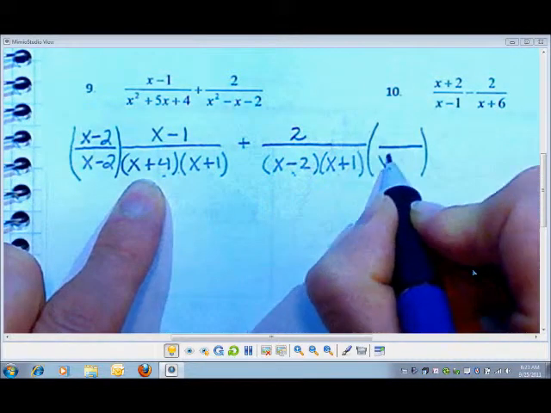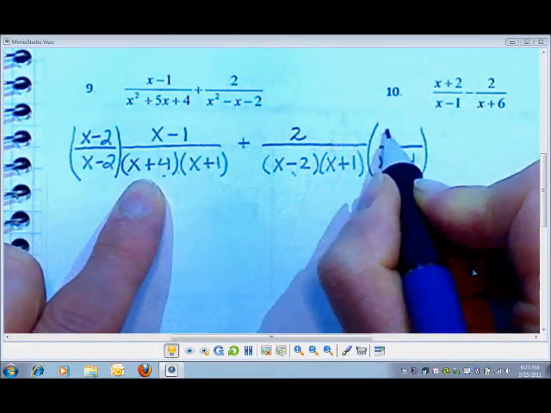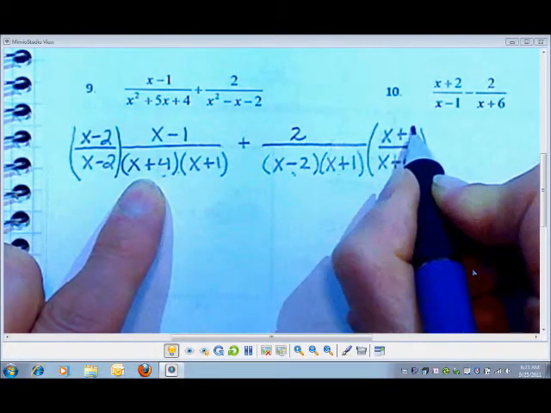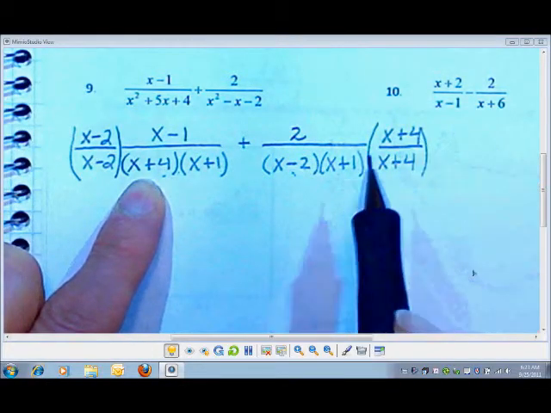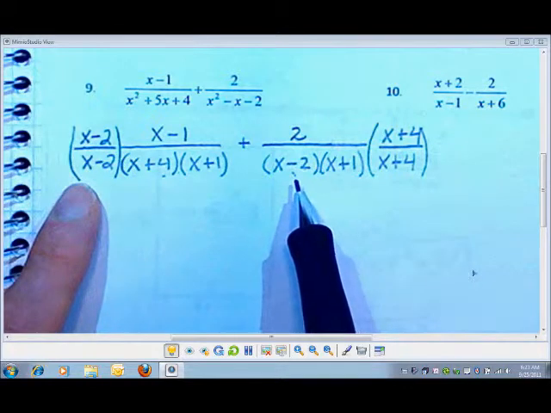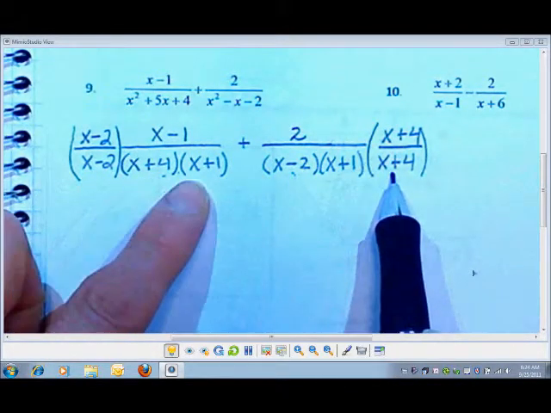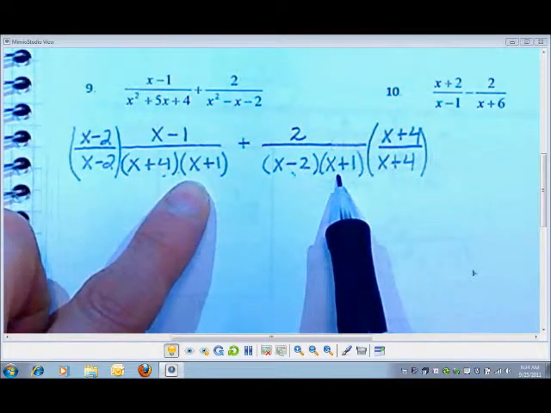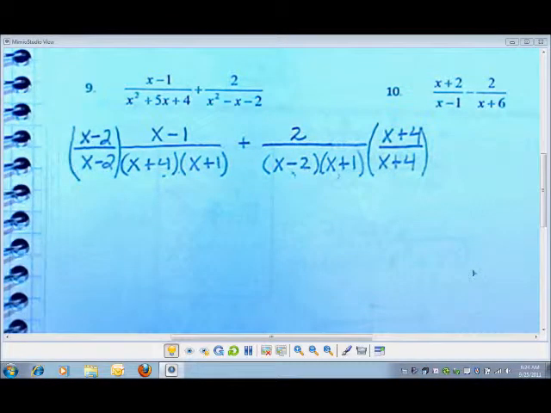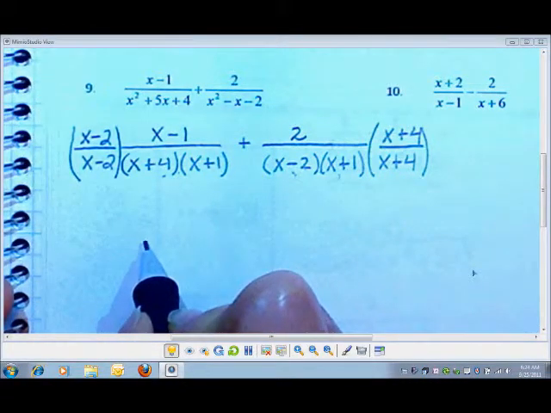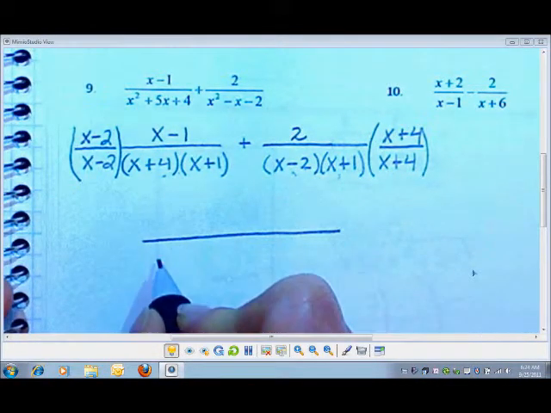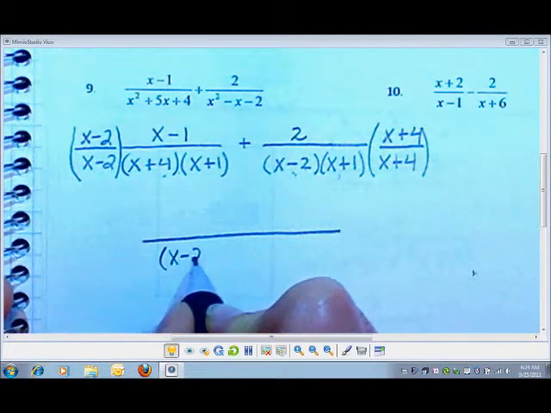I have to have this in my denominator, so that also has to be in my numerator. So let's see if I have the same binomials. x minus 2, x plus 4, x plus 1. So now my denominators both have the same factors. So I simply can write my denominator like this.